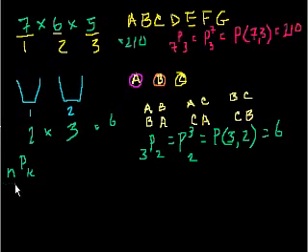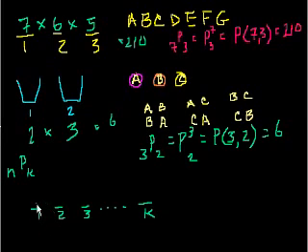How many ways can we fit n things into k spaces, right? So if we think about it, let's just use some analogy. We'll have k spots. So it'll be 1 spot, 2 spots, 3 spots, all the way to k spots, right?